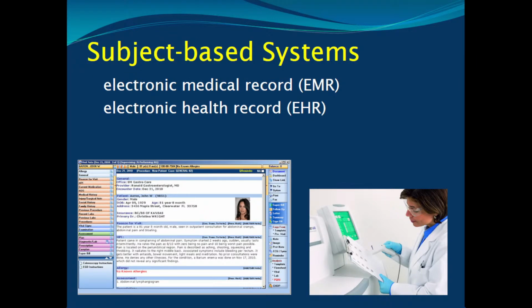The most well-known type of health information system is the electronic medical record, or EMR, or electronic health record, EHR, which is the electronic equivalent of a patient's paper chart. The electronic health record is a subject-based system that captures and stores information based on a patient's name or medical record number.